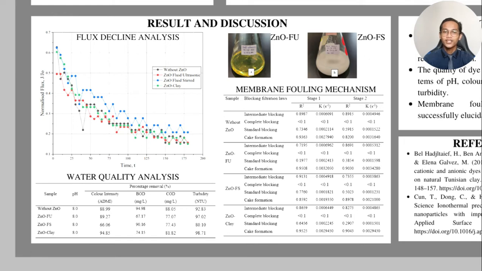The water quality analysis was summarized in the form of a table which explains pH, percentage removal of color intensity, BOD, COD, and turbidity. From the findings, it can be seen that the addition of ZnO fluid as photocatalyst does improve wastewater treatment compared to the photolysis process.